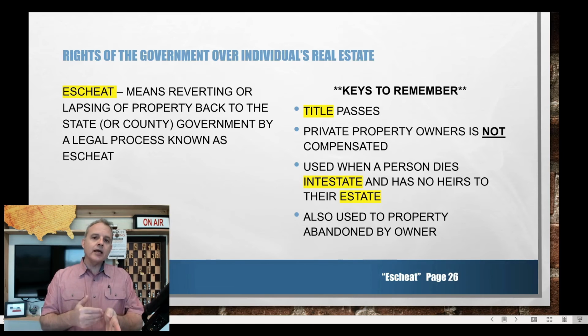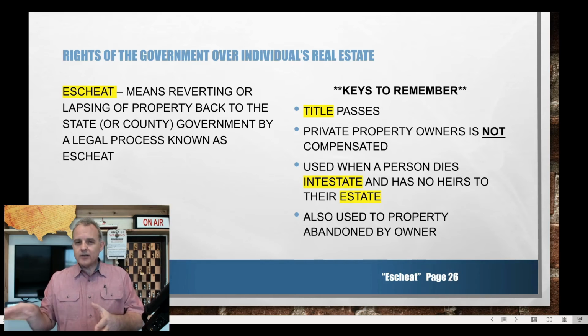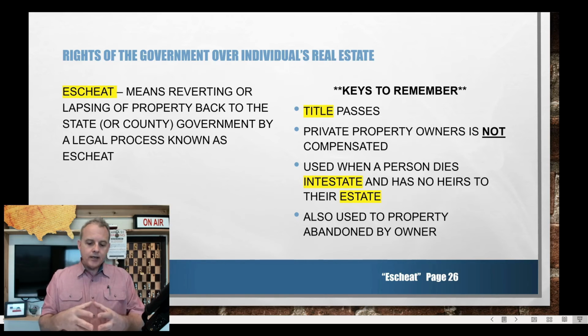The city or the county has to have a way to go in and deal with that. And so in this case, under escheat, the city can go in and get legal title to that property. And there's a process that's used called escheat, but they can ultimately get the title to that property, and title passes, but they do not have to compensate me, the owner, when they use escheat.